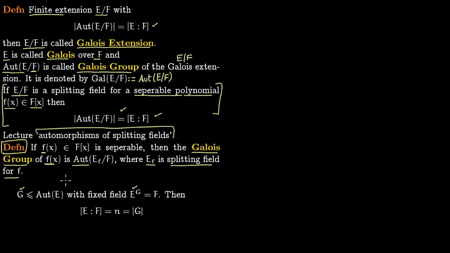So we proved this result in that lecture. We want to use this result to characterize some Galois extensions. So instead of F, let us write here E superscript G.